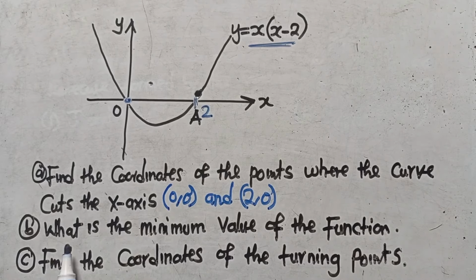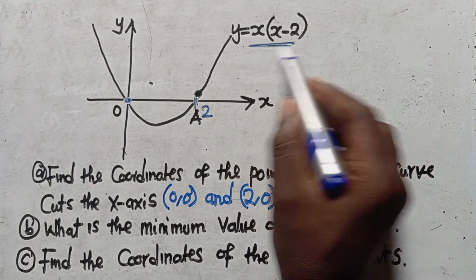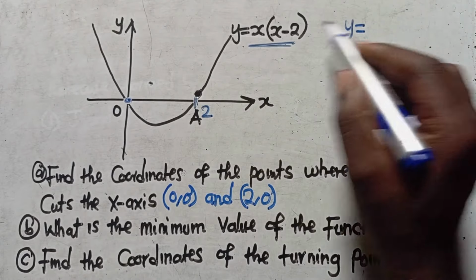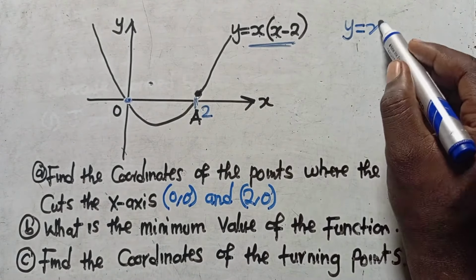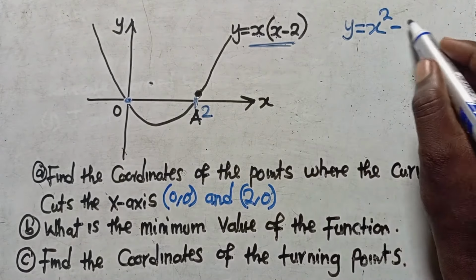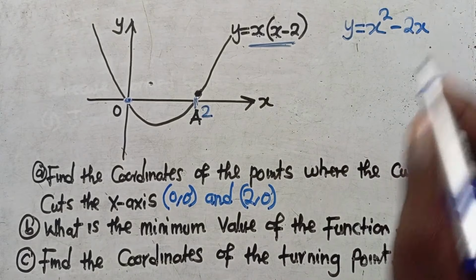Here the question is telling us to find the minimum value of the function. For us to answer this particular question, we are supposed to understand that the way this one is, it can also be written as y is equal to x times x, that is x squared, minus x times 2, that is 2x.